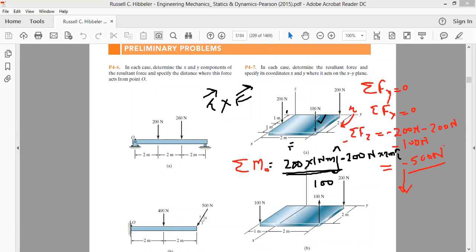The perpendicular distance from point O is 2 meter. So we'll be writing 100 Newton multiplied by 2, that is 200 Newton meter.